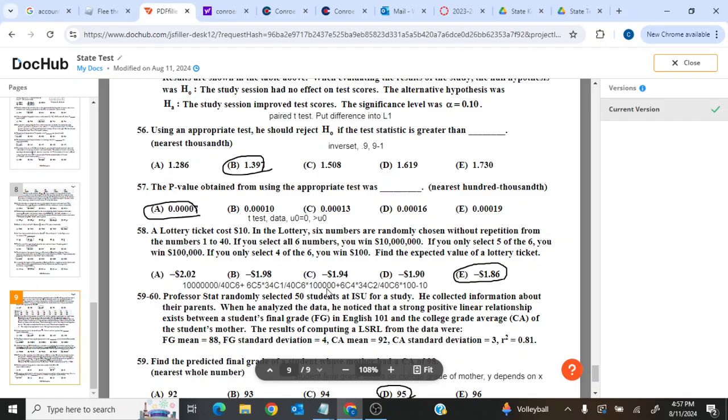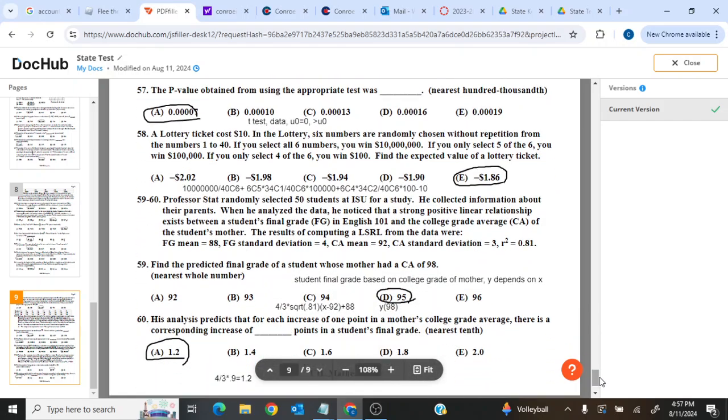And then if you do that correctly, you get $100,000. The same process is done for the third one, 6 combination 4 times 34 combination 2, divide by 40 combination 6 times 100, and then you subtract it from the original cost of $10 to buy a lottery ticket, and you get an expected value of negative 1.86.